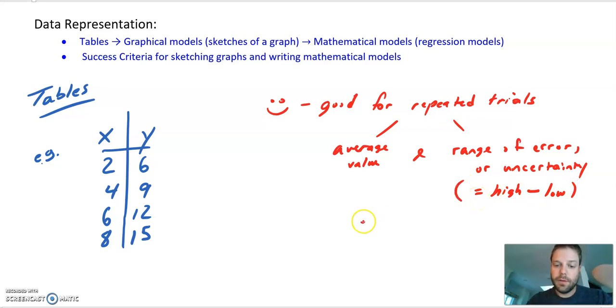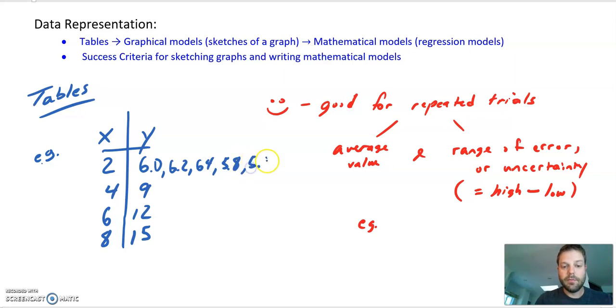For example here, let's say for this one I did 6.0, 6.2, 6.4, 5.8, and 5.6. Now these would be the repeated trials.